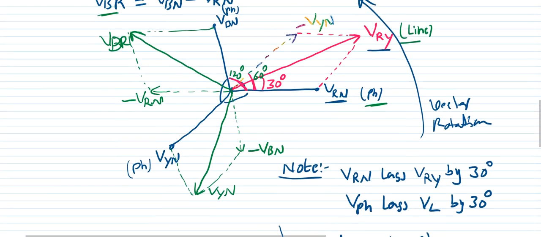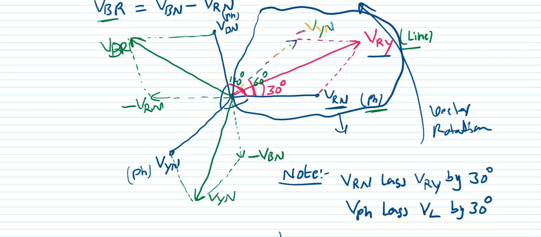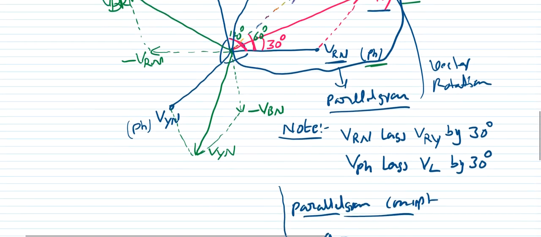So where can you identify the parallelogram here? This is one of the parallelograms, right? I can take it as a parallelogram, and I can apply the concept here. Then from this I want to write VRY in terms of VYN and VRN. So how will you write according to that concept?